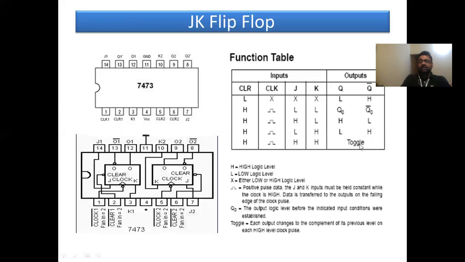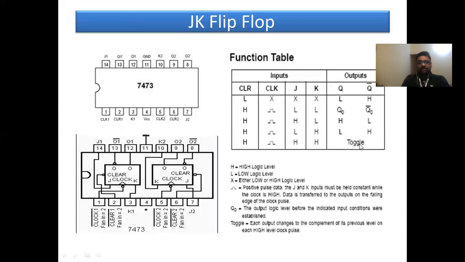You are familiar with the clocked operation of the JK flip-flop whenever the clear is high, or the asynchronous input is disabled. So this is the functional diagram of your JK flip-flop, and the pin configuration we have just discussed.